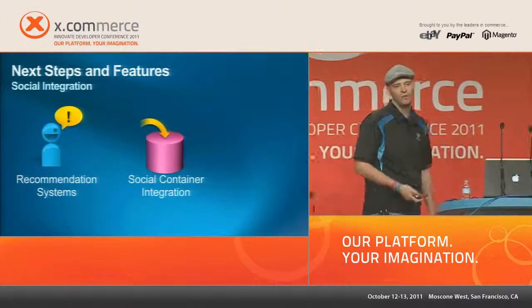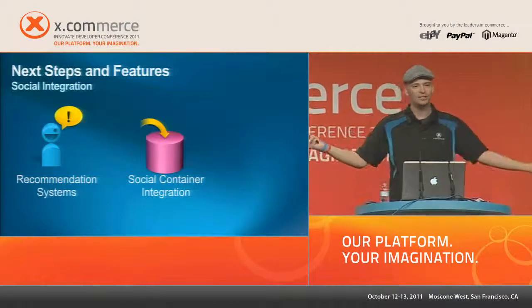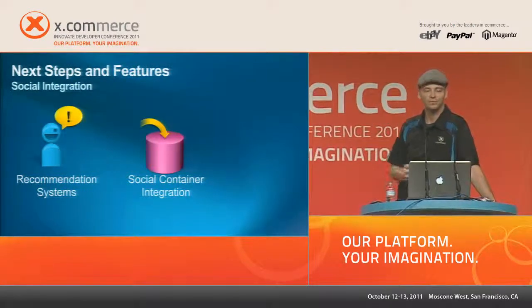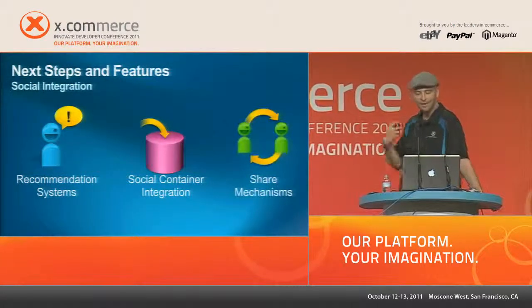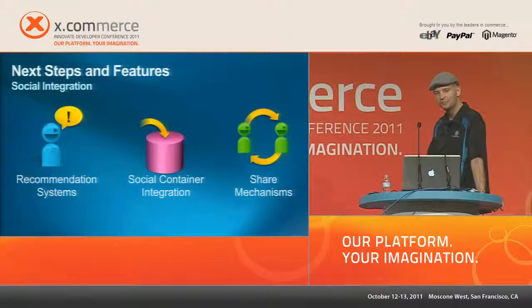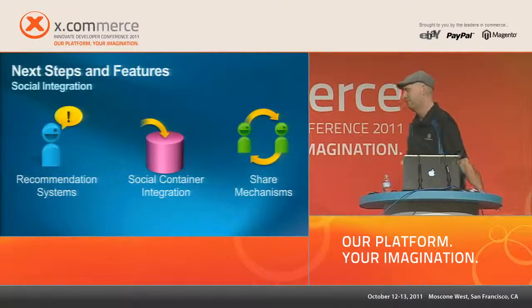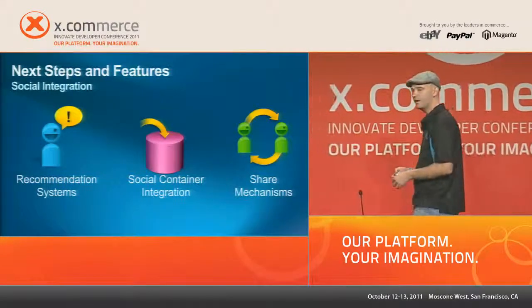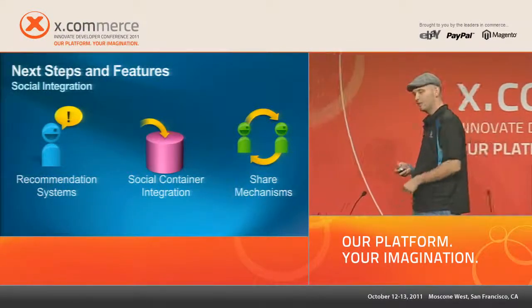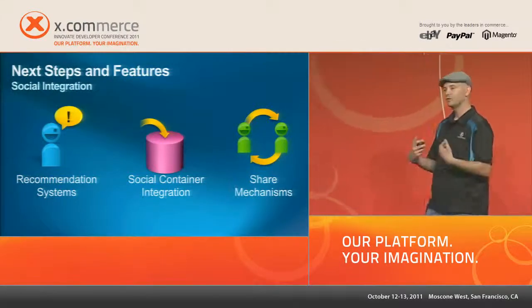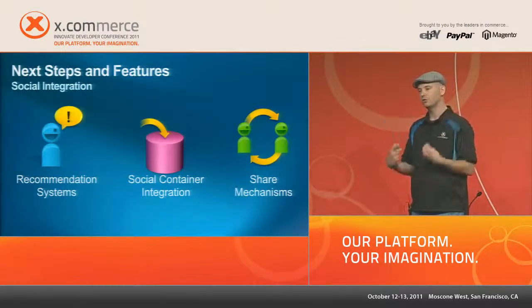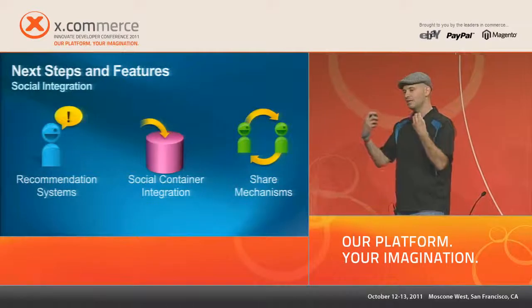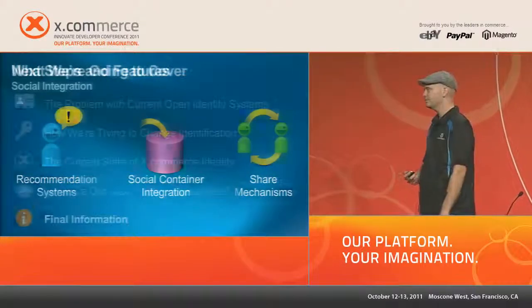Why wouldn't we want to leverage that to extend our reach out to new customers? And then building those share mechanisms to allow you to do things like Groupon or Living Social, where you can send those contacts out to friends, out to family, or what have you. Those sharing mechanisms will increase the reach of any merchant experience.